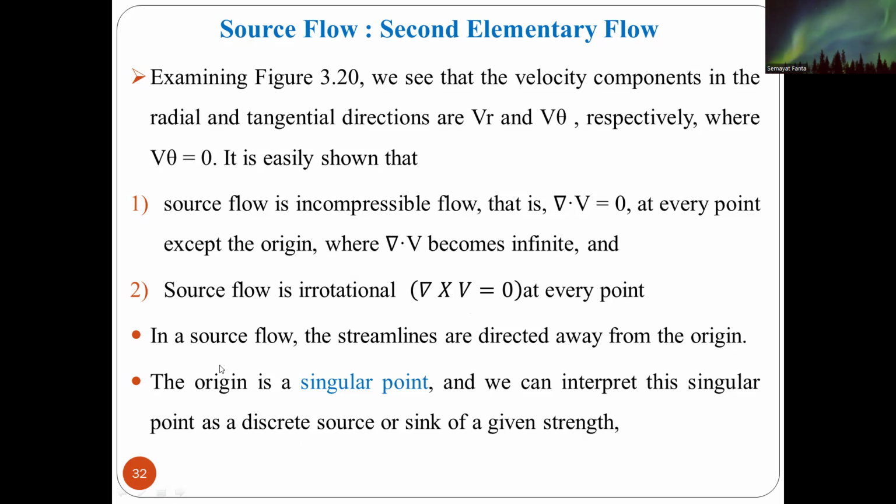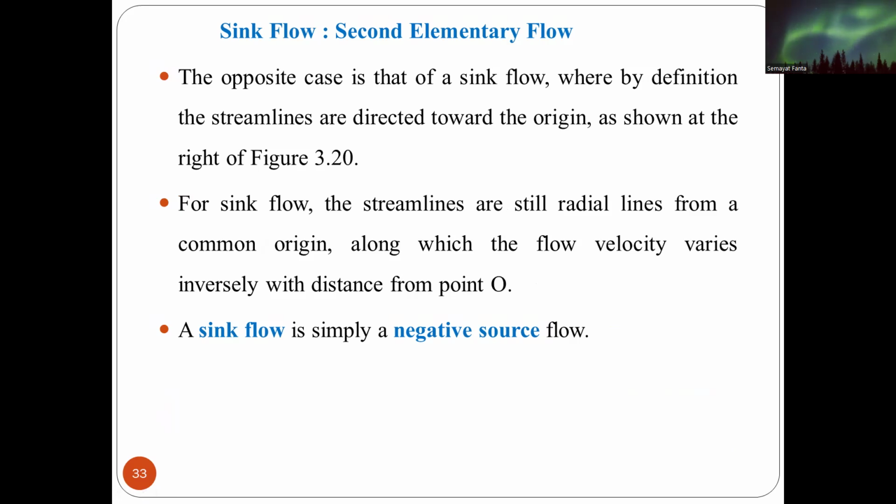That indicates that in the source flow, the streams are directed away from the origin, and the origin is a singular point. We can interpret this singular point as a discrete source or a discrete sink of a given strength.